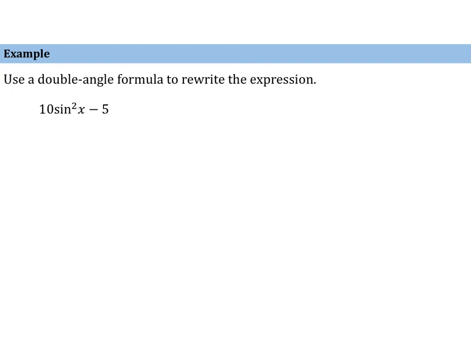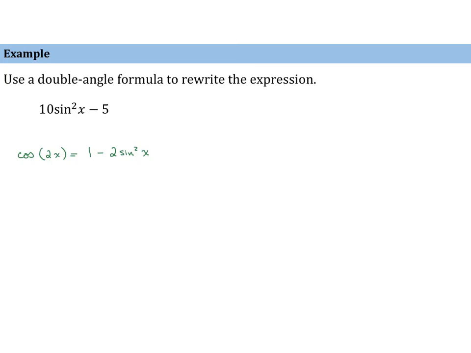In this next example, it almost appears as though we have our double angle identity for cosine of 2 times theta. So let's be guided by that. Cosine of 2x is, in terms of sines, 1 minus 2 sine squared of x.